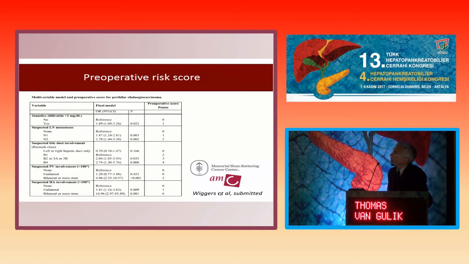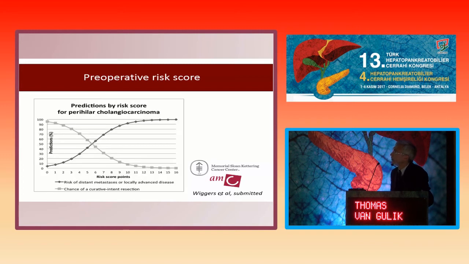So then you can define points, you can assign points to several conditions which you might detect. So when you have a patient with jaundice, it's 1 point, or when you have a patient with extensive proximal infiltration, 4 points, etc. And then when you add up all the points, you can make a kind of risk score to define those patients who probably have unresectable disease.